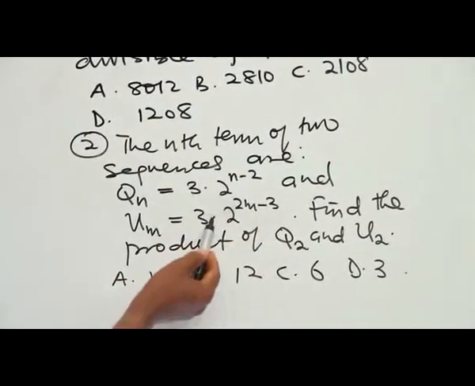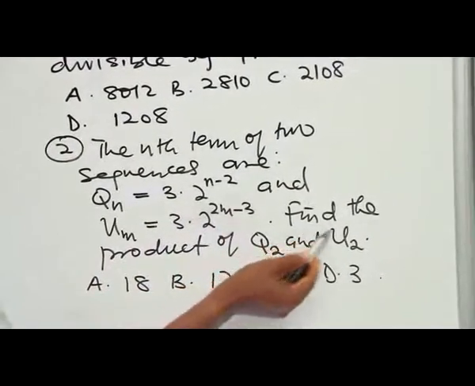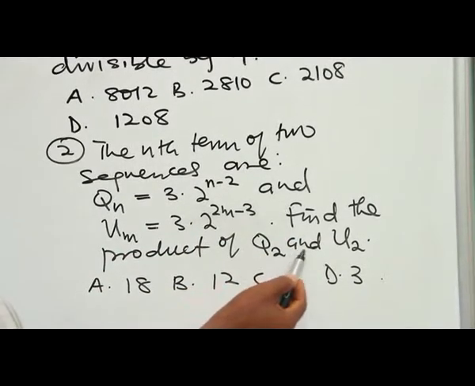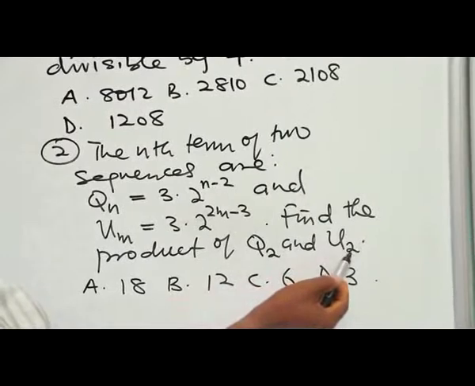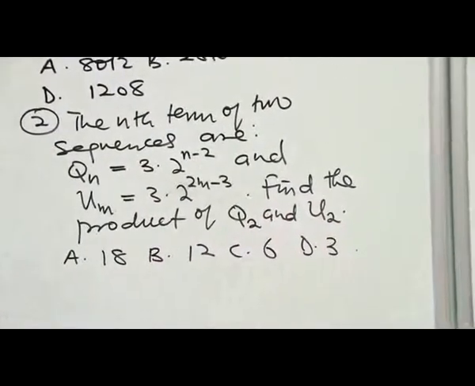The dot here is used as multiplication, please. Find the product of Q subscript 2 and U subscript 2. Options A, B, C, D also provided.